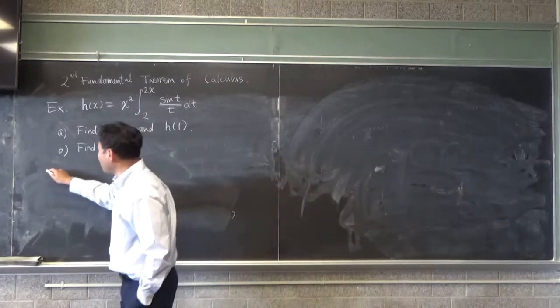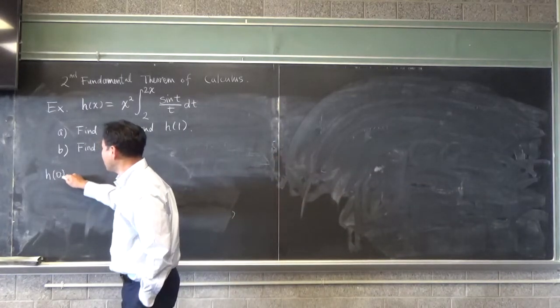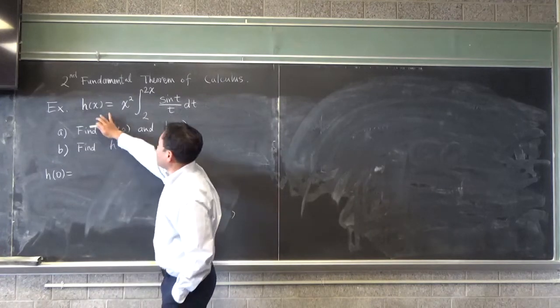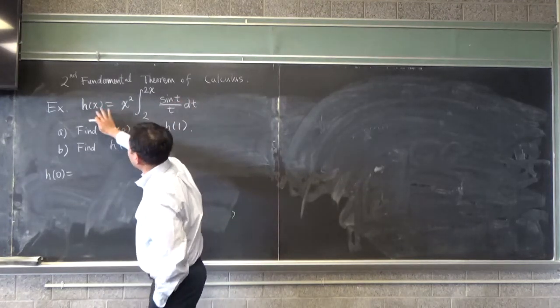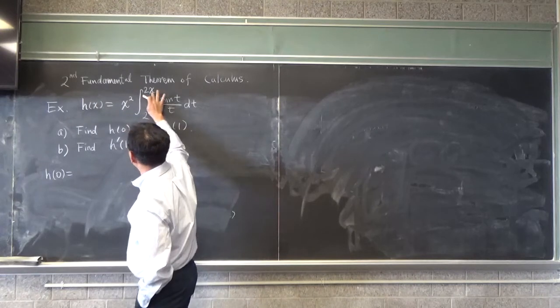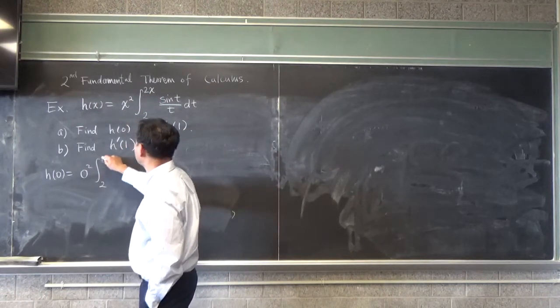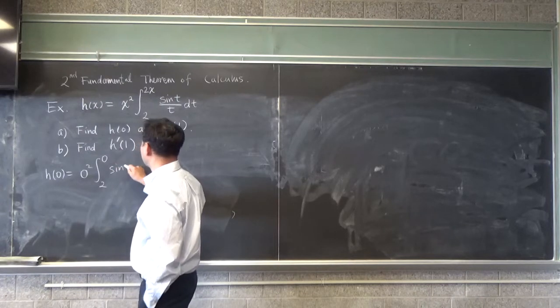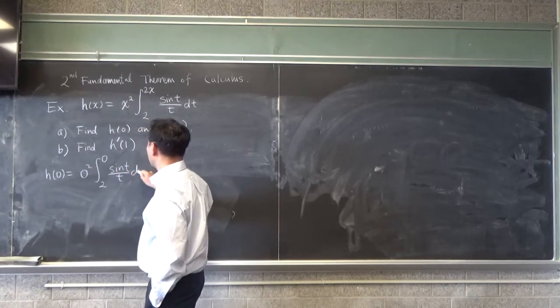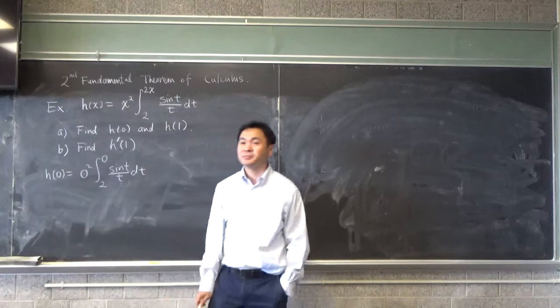First, let's see what h of 0 is. Well, h of x is this thing, so when you plug in 0 here, that means all the x's here should be replaced by 0, right? What is this? 0.